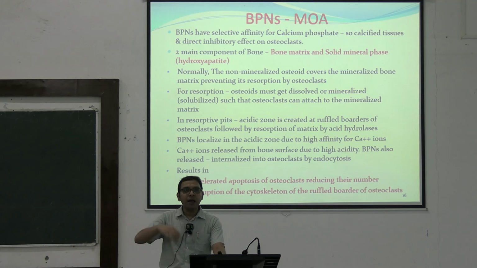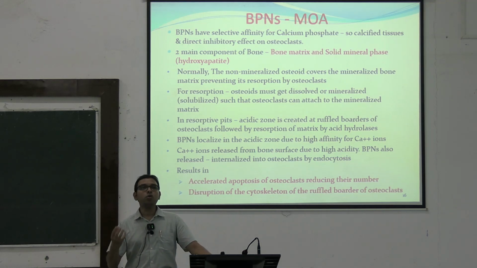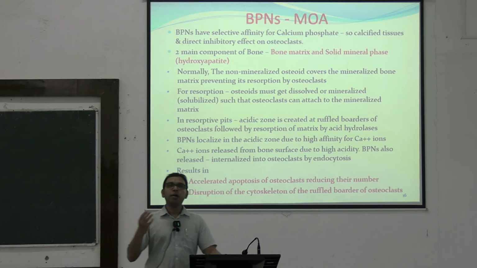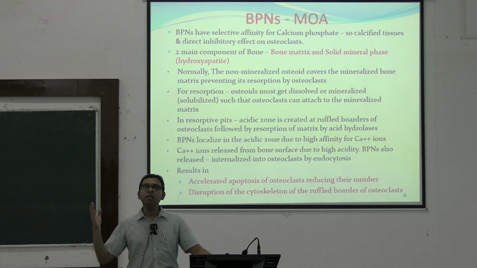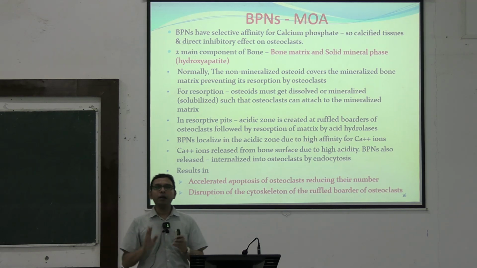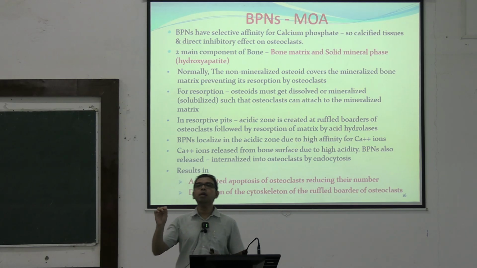They are internalized within the osteoclast cells. All this leads to more apoptosis of these osteoclast cells, so that fewer osteoclast cells will be available for resorption of the bones. The ruffled border will be disorganized, so the few osteoclast cells that are present cannot interact with the mineralized matrix, so there will be less resorption. So the ultimate result is anti-resorption, that is, resorption of the bone is less.